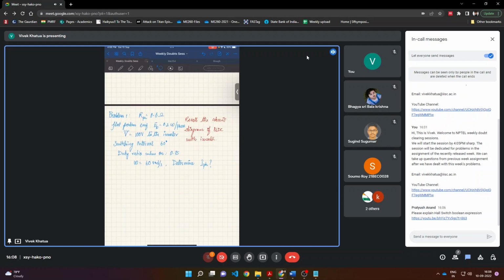Okay. So how do we solve this problem? First we need to understand how the circuit is. Let me draw a simplified version of the circuit at the time these two phases are active. Let me just draw the diagram also.